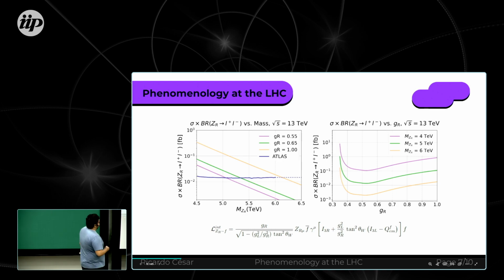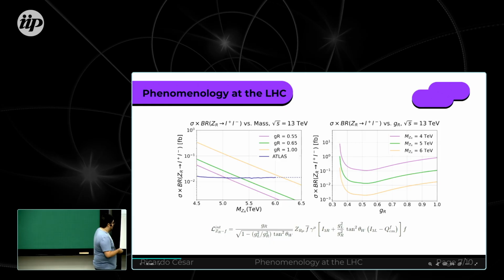This blue line is the line of the ATLAS. We have the cross-section for the ATLAS. And this dotted line here, we extended this line of the ATLAS to have a better constraint for masses above 6 TeV.